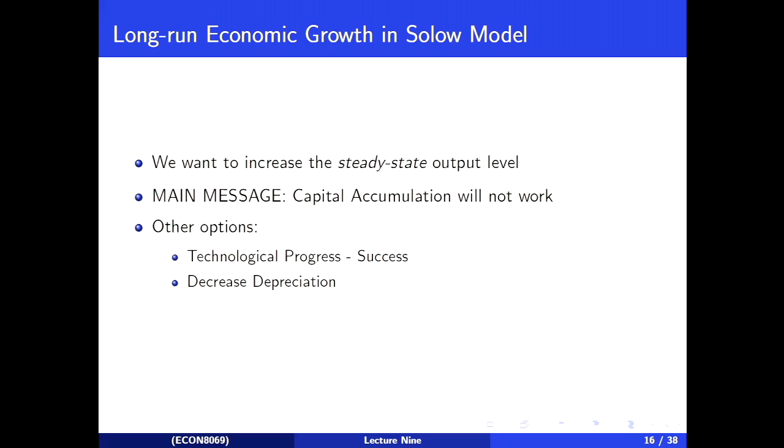We go from having a low steady state level, I'm going to call this K star H, the K star that's associated with a high depreciation rate, to a steady state K star L. The steady state associated with a low depreciation rate is certainly a greater level of capital per capita. So if we decrease the depreciation rate, we push up that level of capital per capita.